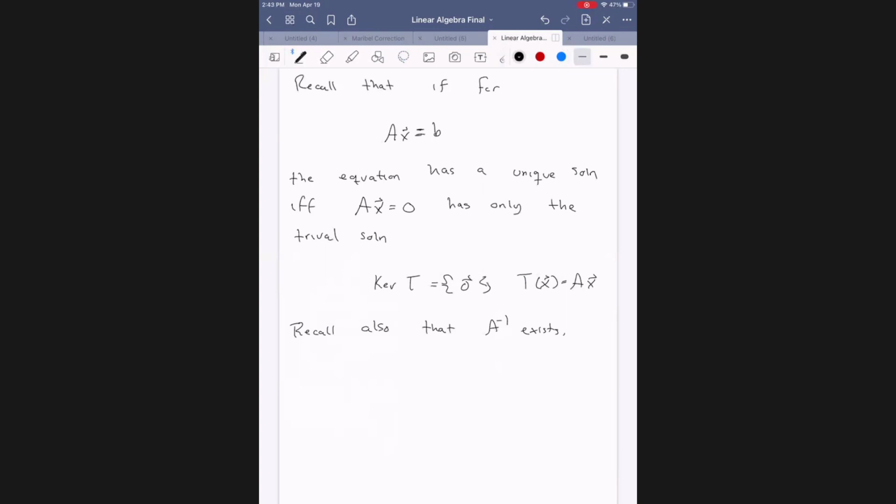That's exactly the inverse of T. So knowing that the kernel of the transformation contains only the 0 vector immediately implies that your transformation is invertible. It all makes sense in the context of the transformation AX, right?